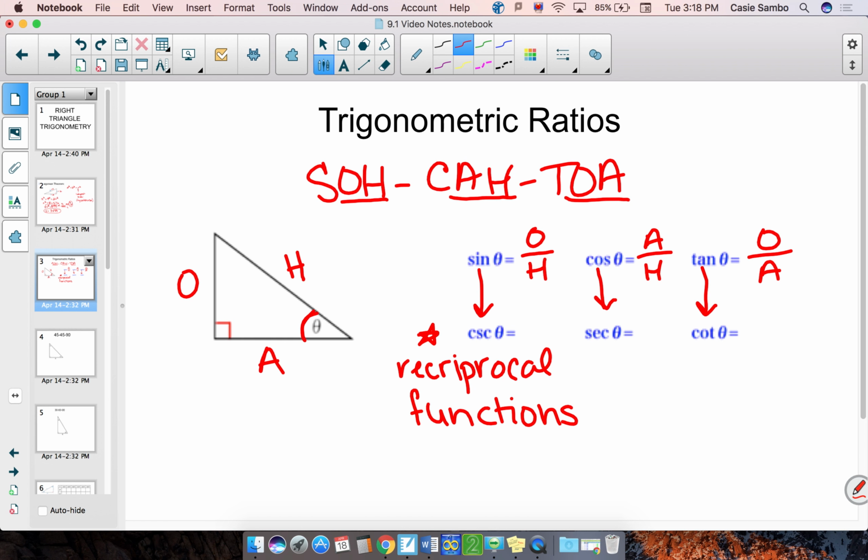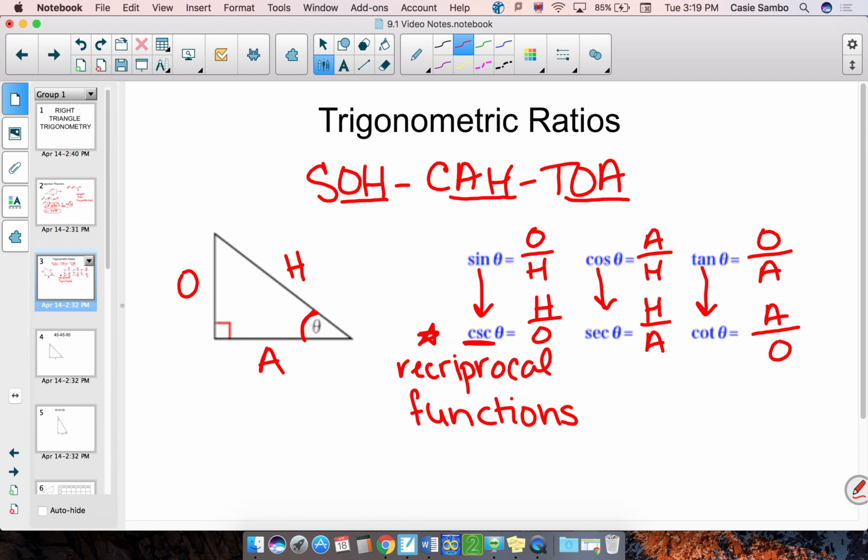So our cosecant, this guy here, is our flipped sine, so it's going to be hypotenuse over opposite. Our secant is the reciprocal of cosine, and it's going to be hypotenuse over adjacent. And our cotangent is the reciprocal of tangent, and it's adjacent over opposite.